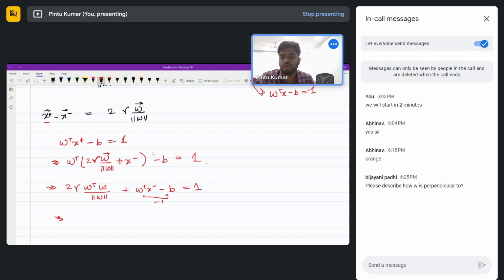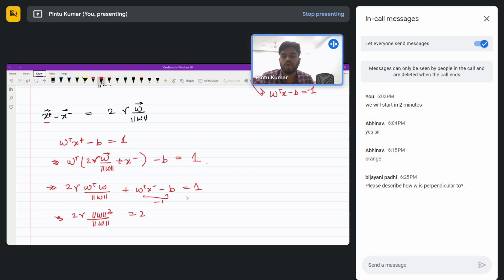So from here we can derive our gamma, which is 2 gamma times W transpose W, that is norm of W square, divided by norm of W, and this should be 2.